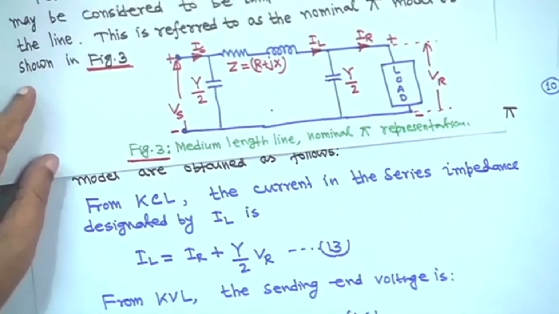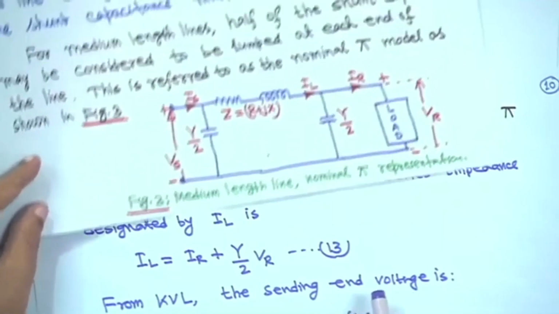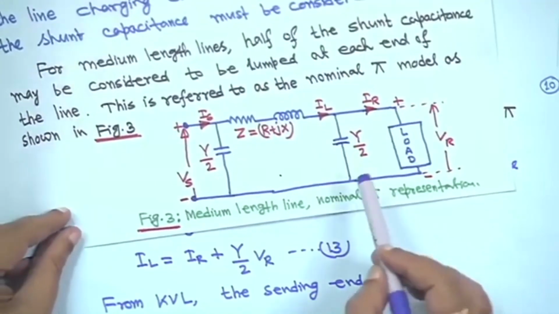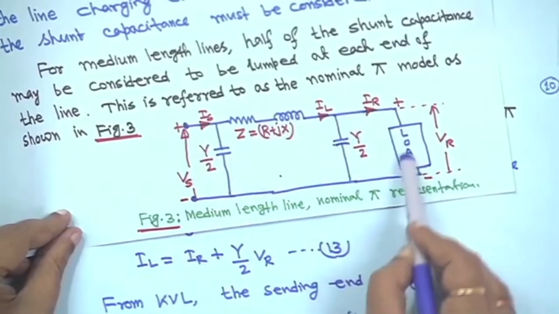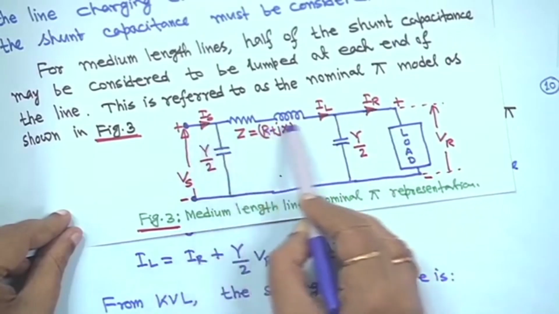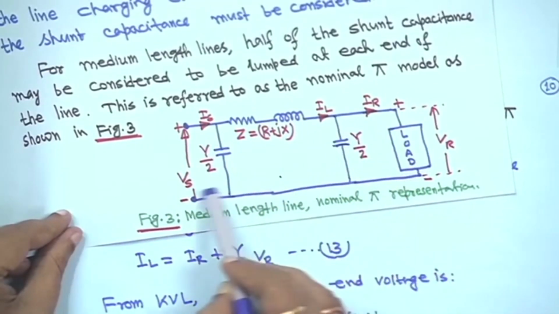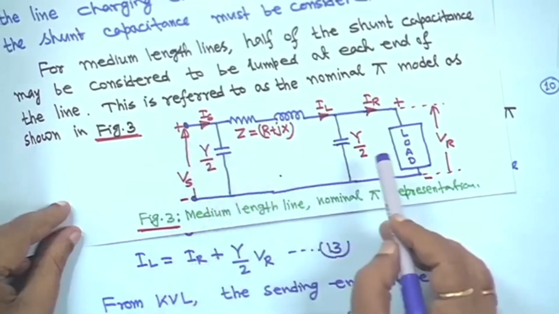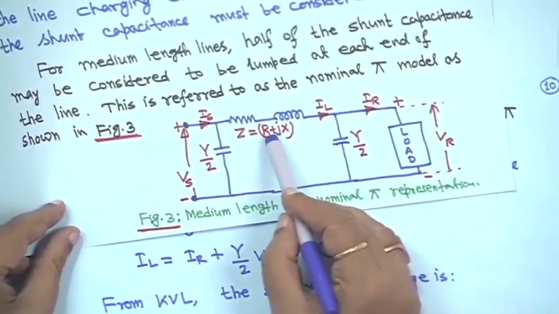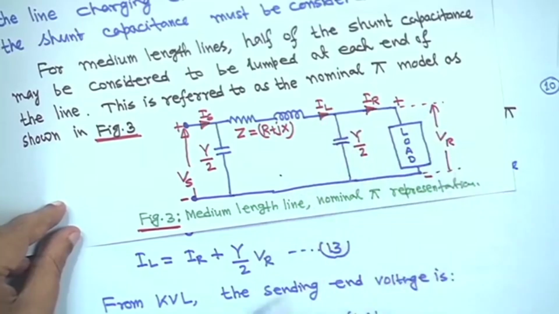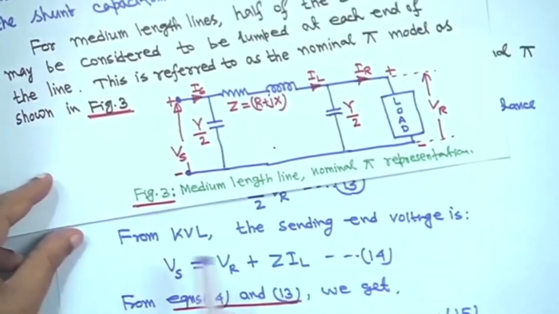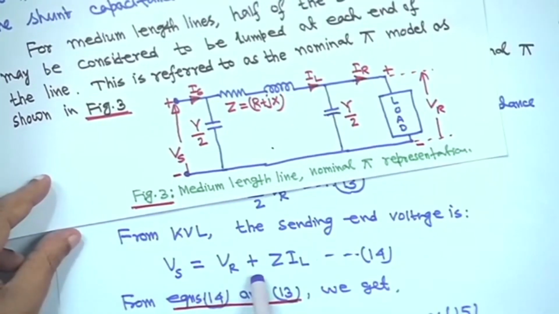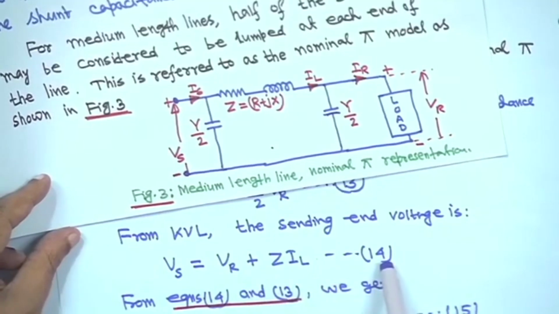From KVL, the sending end voltage in this loop, you apply KVL, so Vs is equal to Z into IL plus Vr. So Vs is equal to Vr plus Z into IL, equation 14.